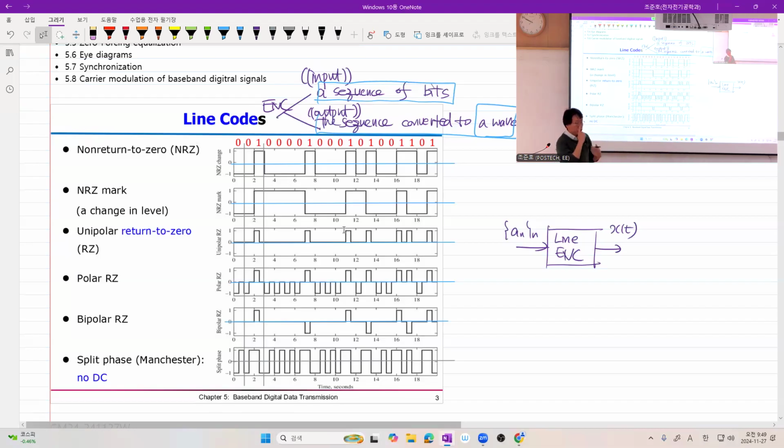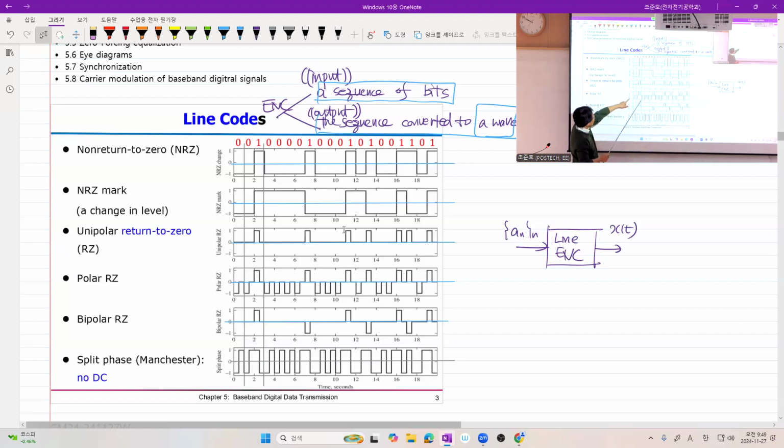So let's use our eyes, and in this case of consecutive zeros, here there is no rising and falling edges. So if you use non-return to 0, then what happens? Your rising edge, falling edge detecting method for synchronization may not work well if you have very long consecutive zeros or ones.